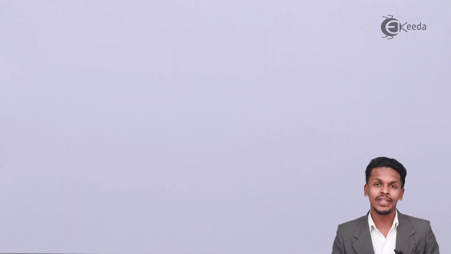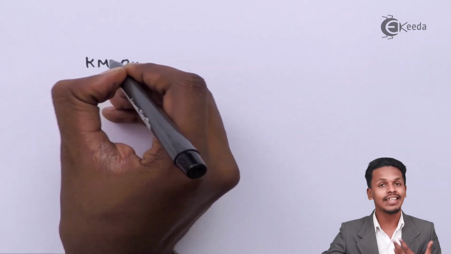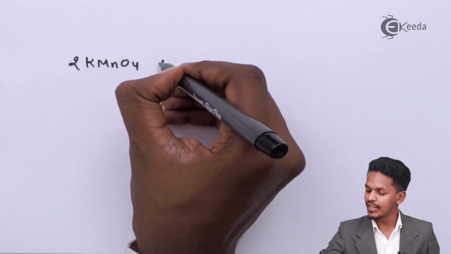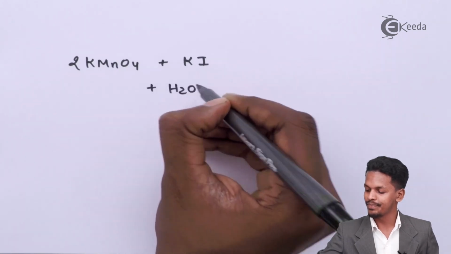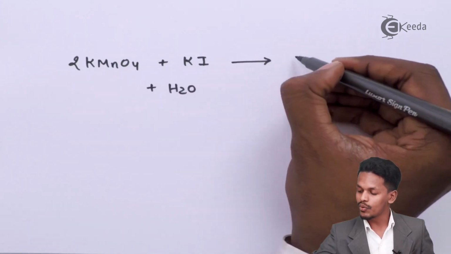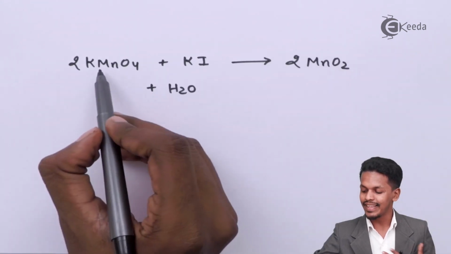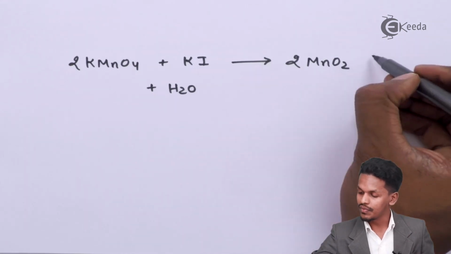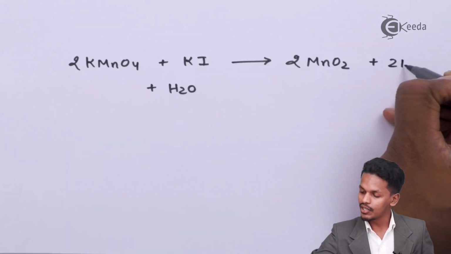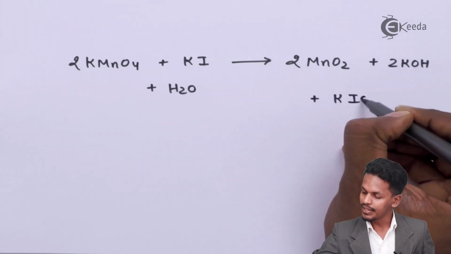Now let us discuss the example, whenever KMnO4, and obviously in alkaline medium, is treated with KI, that is potassium iodide, along with water. The product that we could get is 2 moles of MnO2. Here the KMnO4 is basically reduced to MnO2, along with the byproducts, that is 2 moles of KOH and KIO3.